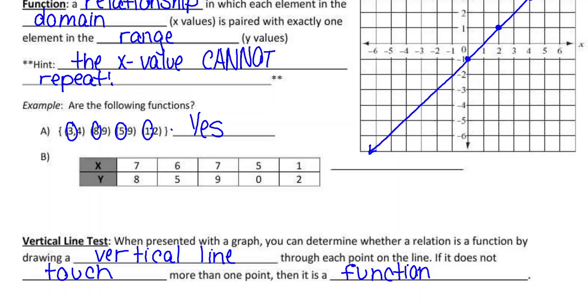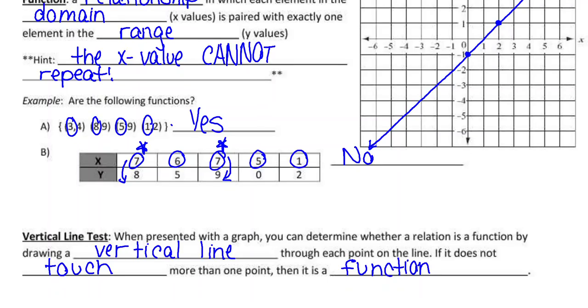Now, if I look at example B, is there a functioning relationship or is there a cheating number? Well, if you look here, the 7 is a duplicate. The 7 has a relationship with the 8, but the 7 also has a relationship with the 9. Their relationship won't function. So this is not a functioning relationship.